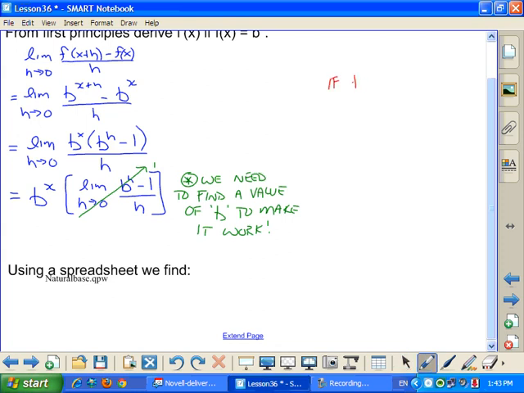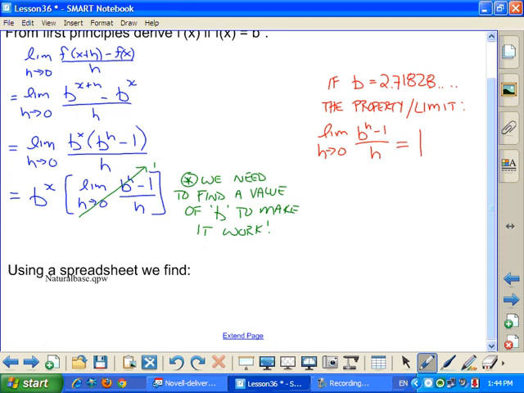What we find is that if b is equal to 2.71828, etc., the limit as h approaches 0 of b to the h minus 1 over h will in fact equal 1.